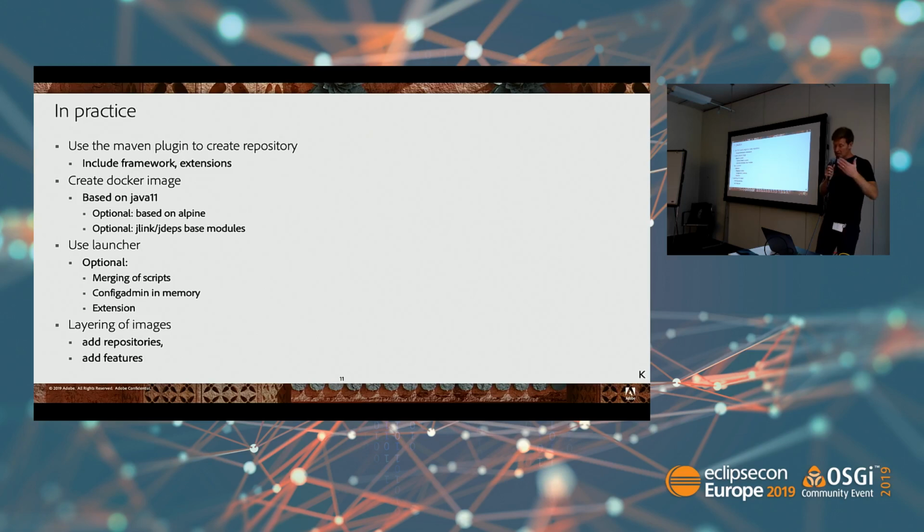And finally, I have a demo of how you can use that mechanism to layer Docker images and use that to layer the feature models as well in this setup.